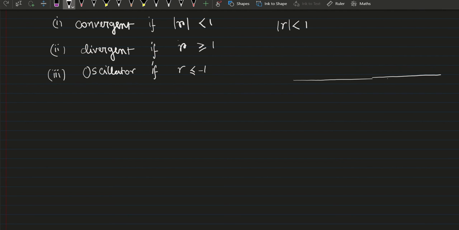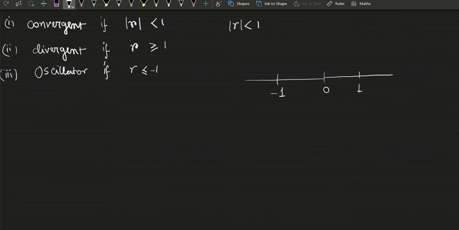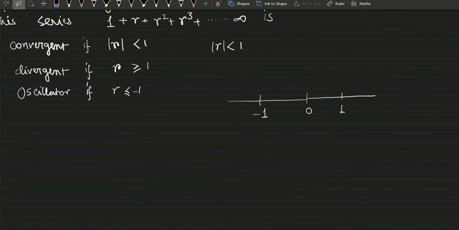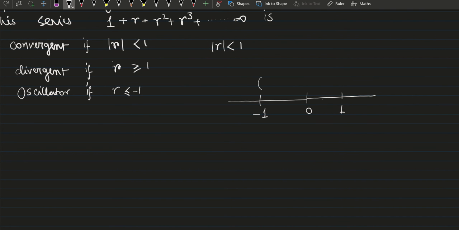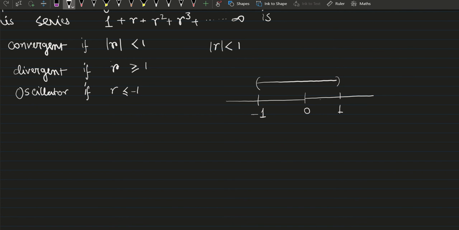Here is 0, here is -1, and here is +1. In the range -1 to +1 it will converge, so the value of r lies between -1 and +1.